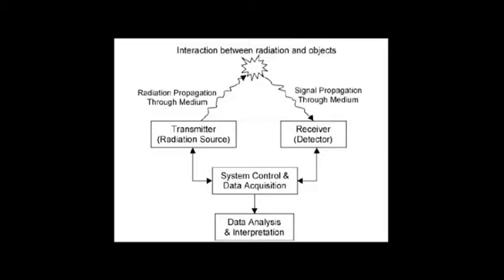The radiation source emits light energy and photons, which propagate through the air until they reach the object. The backscattering of photons caused by the object is then detected by the receiver. This photon count is then collected, analyzed, and interpreted.